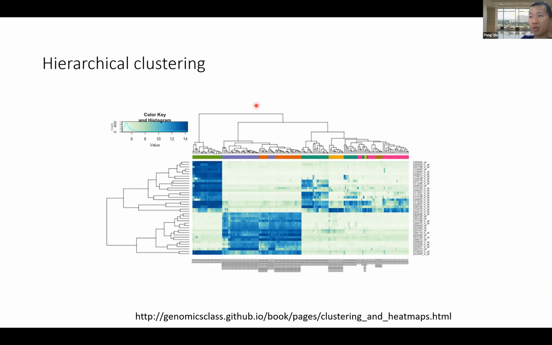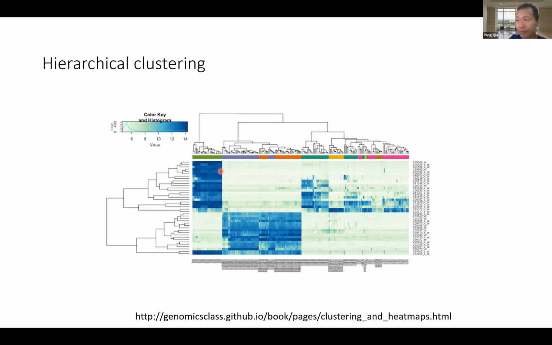You can cluster the rows, you can cluster the columns, and both will induce a hierarchical tree and also an ordering to reshuffle your matrix so that similar columns are next to each other and similar rows are next to each other. Then you see these blocks that you can use to interpret. For example, collectively, these rows may serve as marker genes for this group of patients.